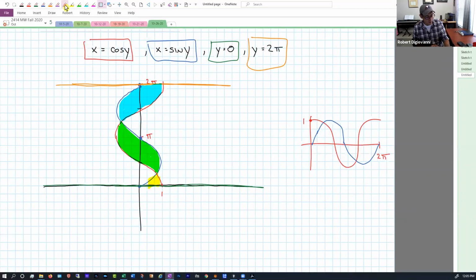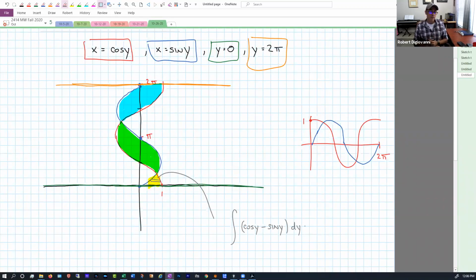So when I do horizontal rectangles in the yellow region, I know that it's the red curve on the right and the blue curve on the left. So for this region, my integral is going to be red curve, which is cosine y, minus blue curve, which is sine y, dy, because my rectangles are horizontal.